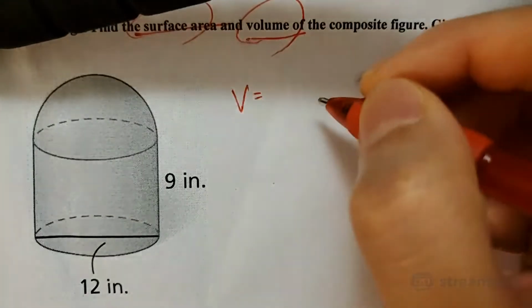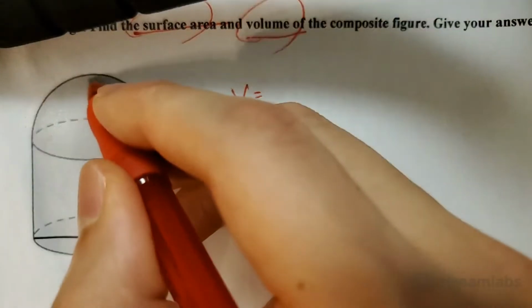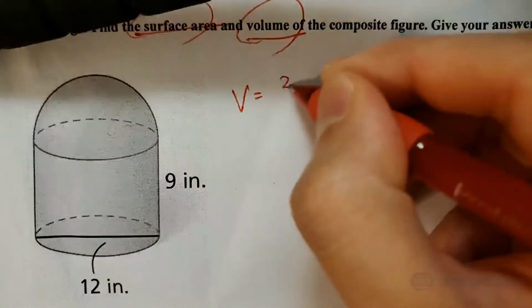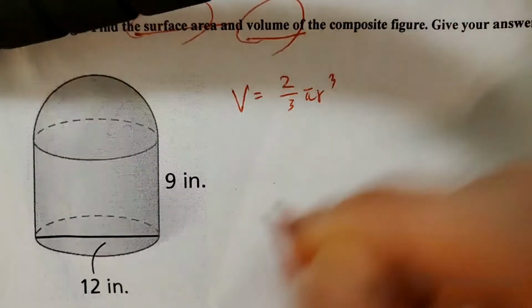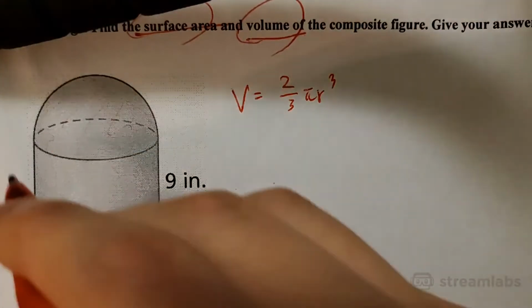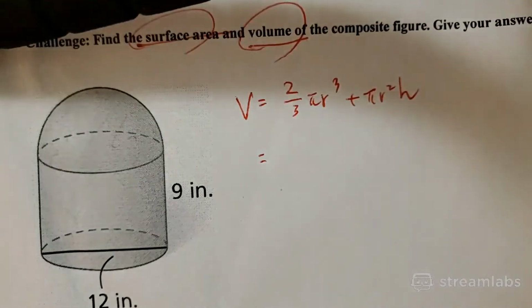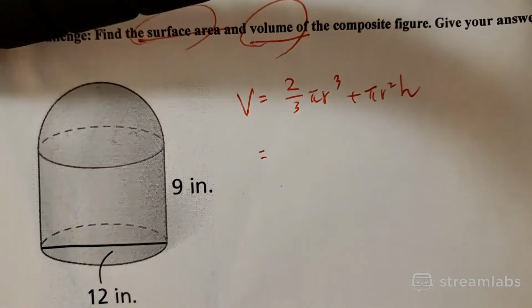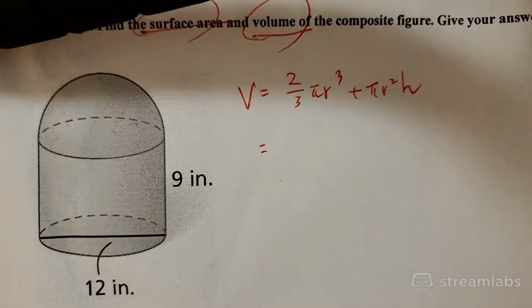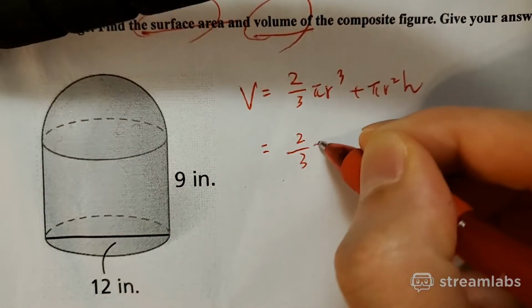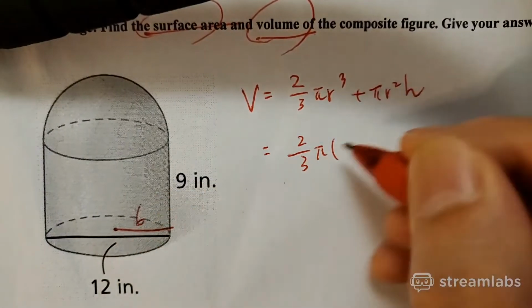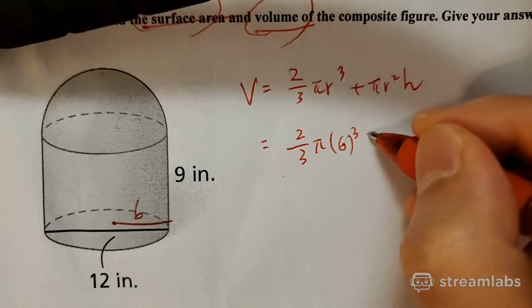Volume, right? Volume is going to be, consider the top hemisphere, so it'll be 2/3 pi r cubed. Instead of 4/3, it's 2/3. It's only half. And the cylinder is pi r squared h, right? Base area times height, pi r squared times height. So 2/3 pi r cubed with r equal to 6, right?